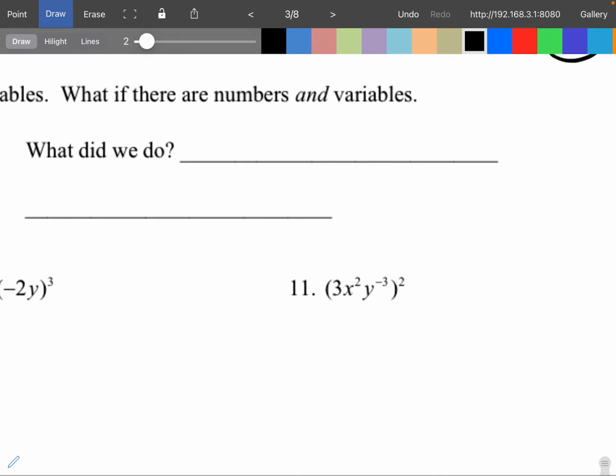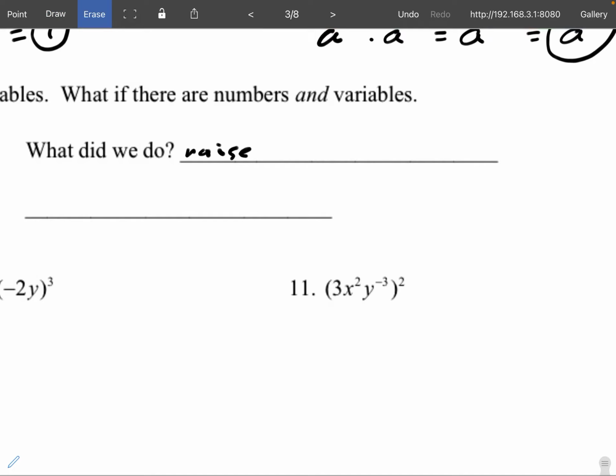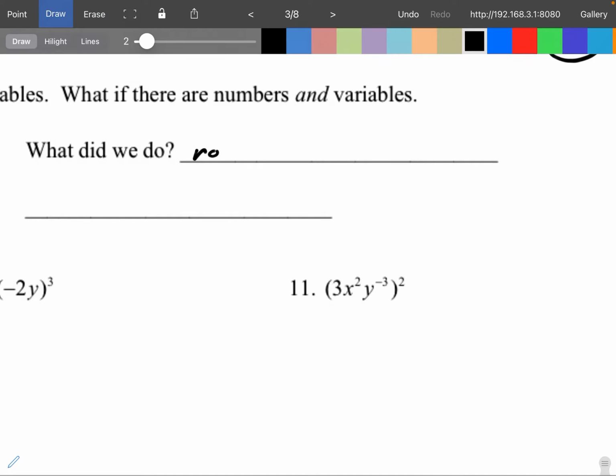Let's see, we could say something like this, raise. Let me see if I can write a little bit neater. We're going to say raise each factor to the power.